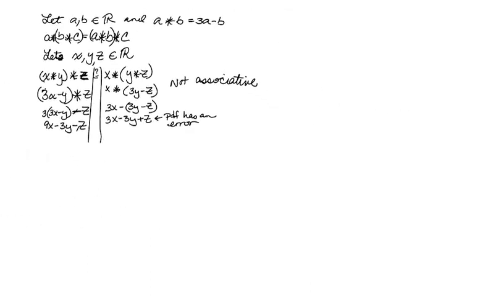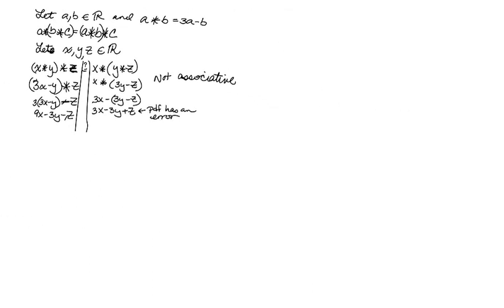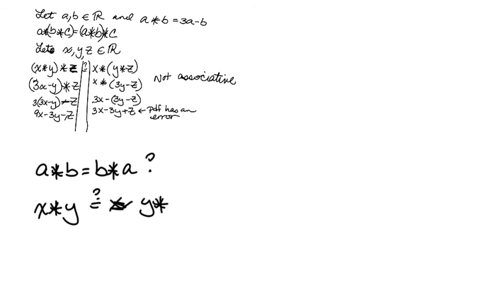Okay, now let's check commutative. So does A star B equal B star A? So we still have our x, y, and z. So does x star y equal y star x? So let's check.